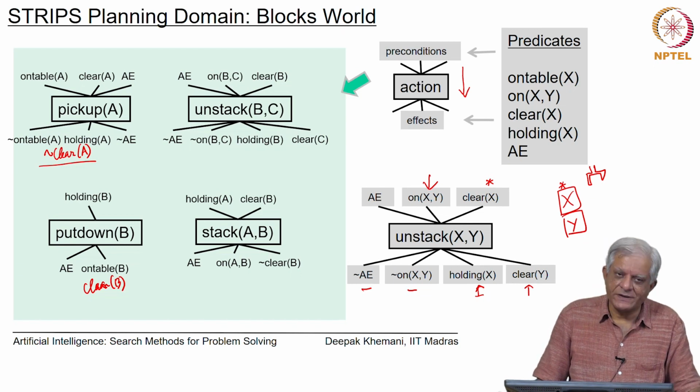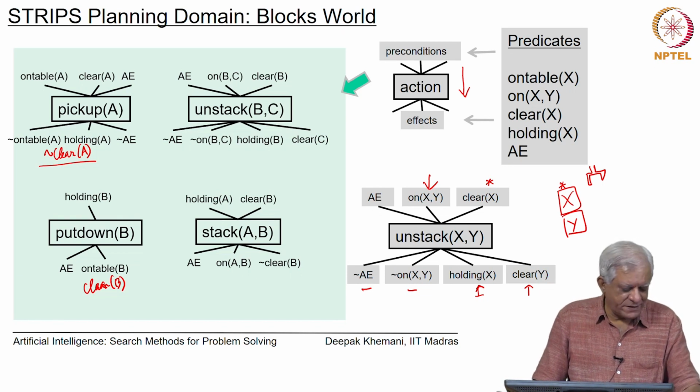So, you could do this as a small exercise: if you have two arms, what are the actions that you can define?